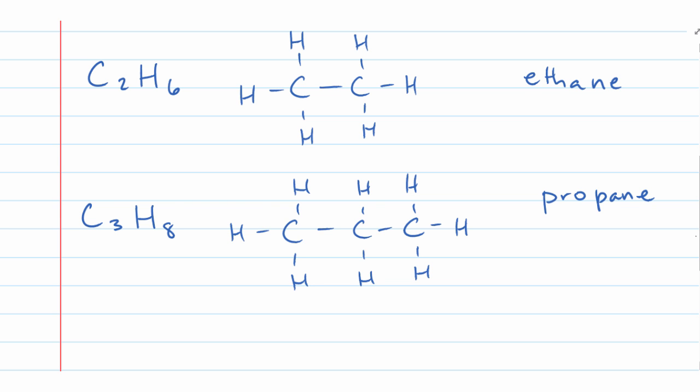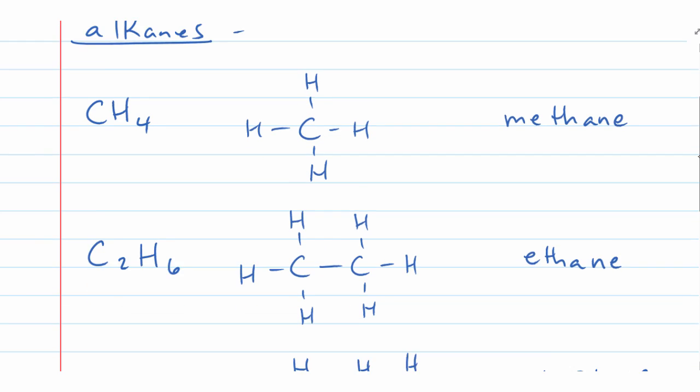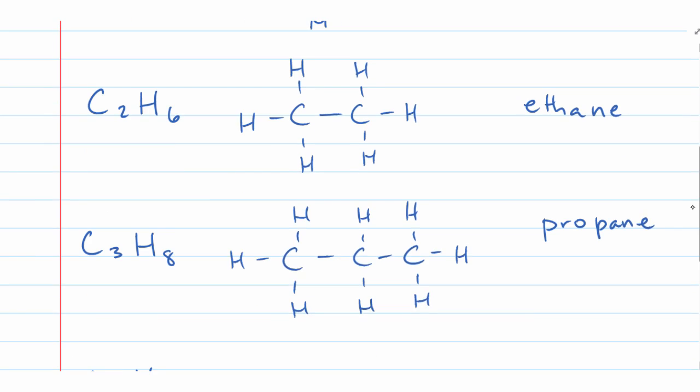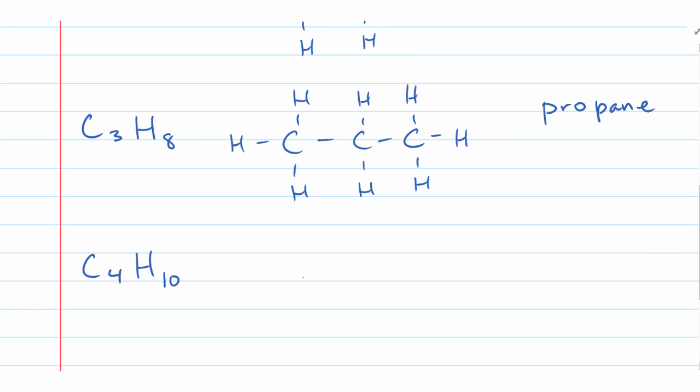Now I don't have this one here, but now if we follow the trend for the next one, if we have 4 carbons, how many hydrogens is it going to have? Okay, and what is that trend we're following here? 1 carbon for every 2 hydrogens. All right, each time we add on a carbon, we add on 2 more hydrogens.